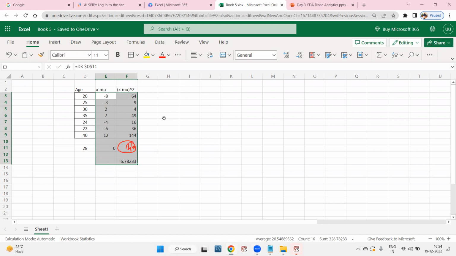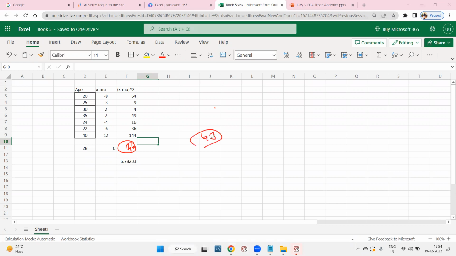The data points in the data set are about 6.7 away from the mean. That's called standard deviation. The 46 is the variance, standard deviation is 6.7. So variance means x minus mu squared.